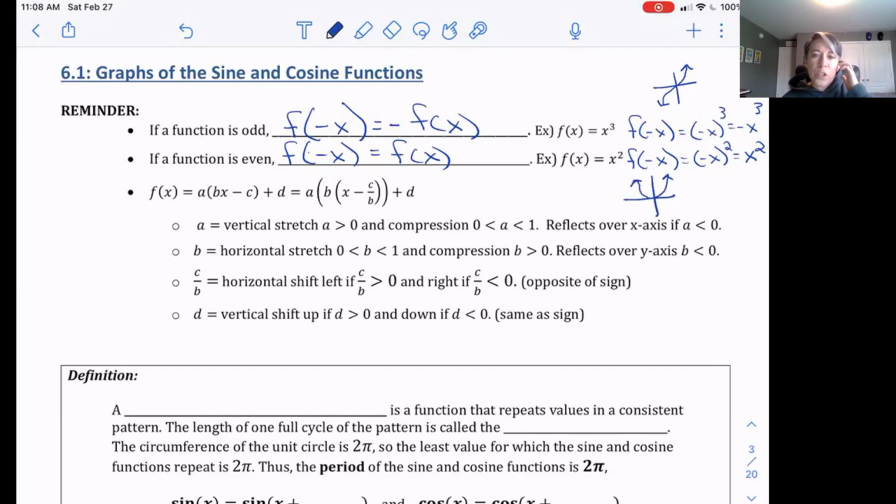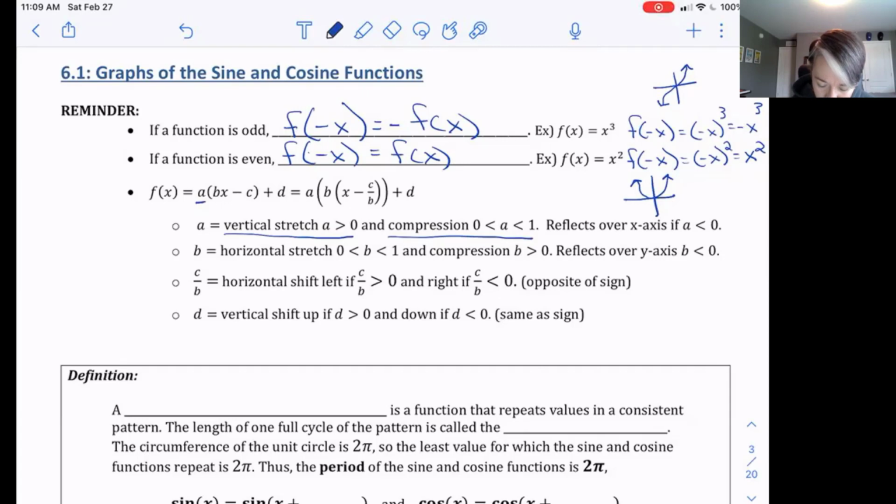So some of the functions that we're going to be working with in trigonometry will be odd and some will be even. Also, we still have the same transformations that we've had all along. It's just that some of those transformations may have a different name. For example, if you have an a outside the function, that's still our vertical stretch. Oh, that is written wrong. Looky there.